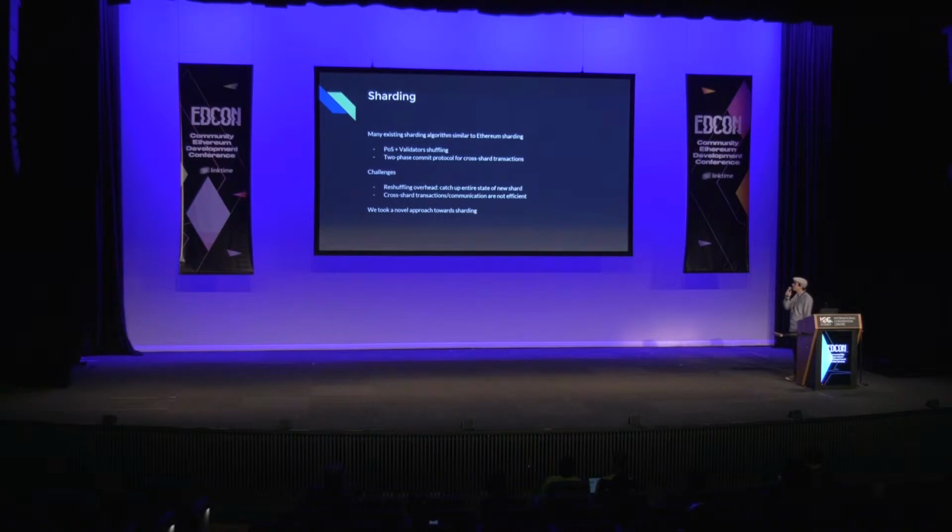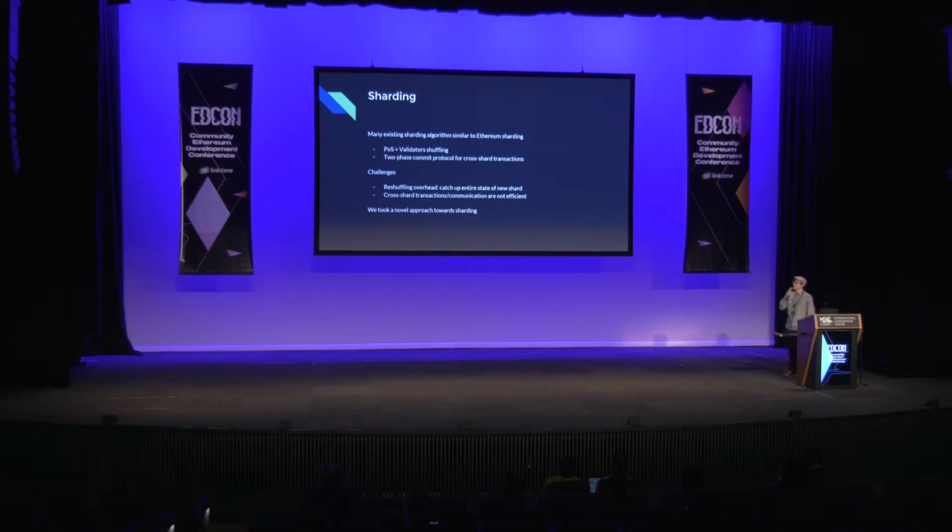Many of the existing sharding algorithms that we see today are basically similar to Ethereum sharding. In a nutshell, they rely on proof of stake and validator shuffling. I guess you got the idea this morning during the other presentation. In some way, they all imply the usage of a two-phase commit when it comes to cross-shard transactions.